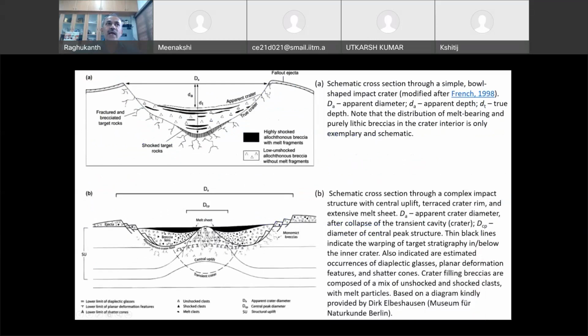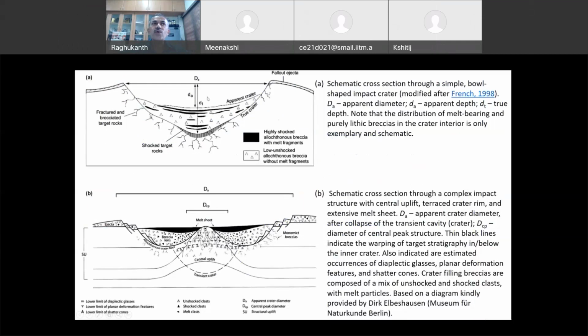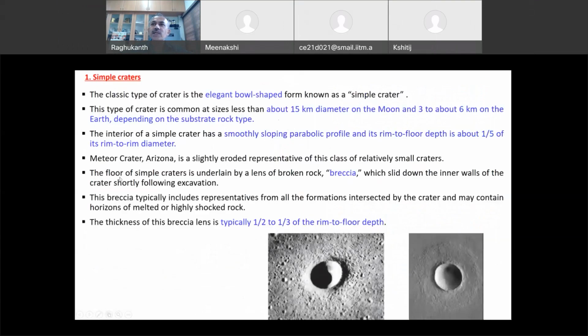Originally the crater was like this, and DT was the depth. Now after the crater has formed, due to gravity the crater collapses and all the material comes to the center. This portion they call the breccia lens. So in all simple craters you will see a breccia lens at the center.